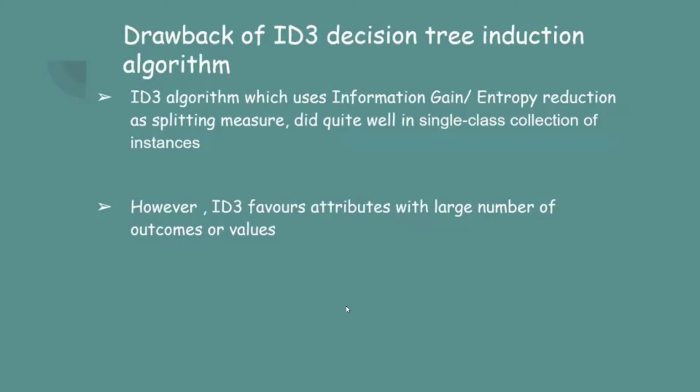These three variables are known as the outcomes of the outlook attribute. So it is biased towards multi-valued attributes.